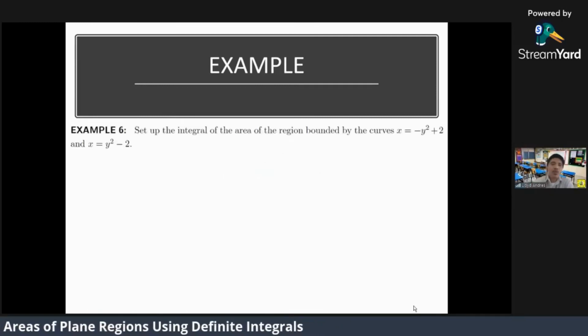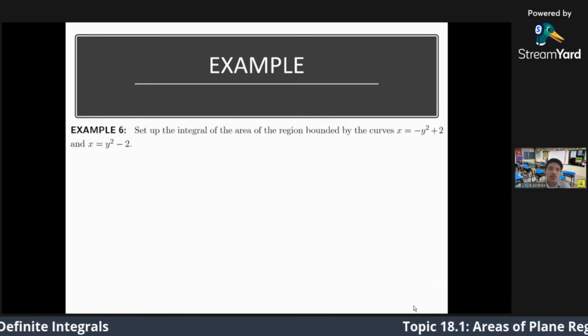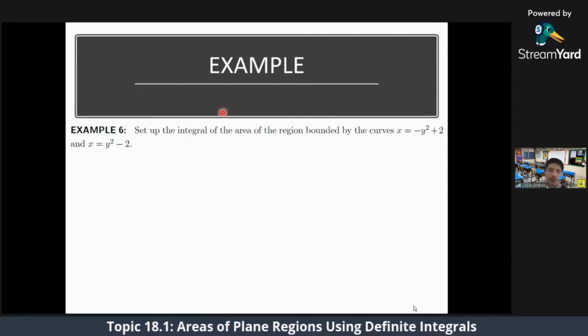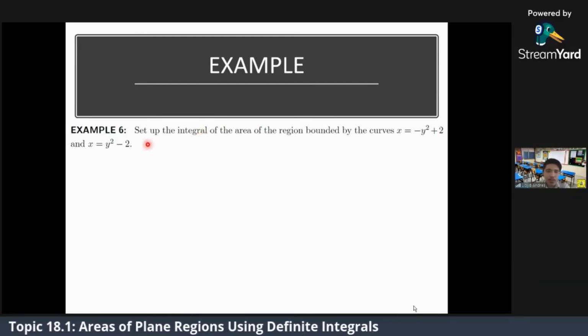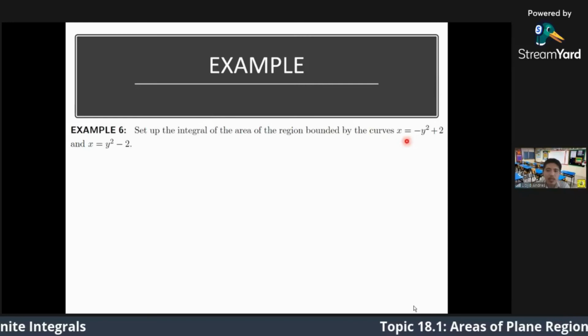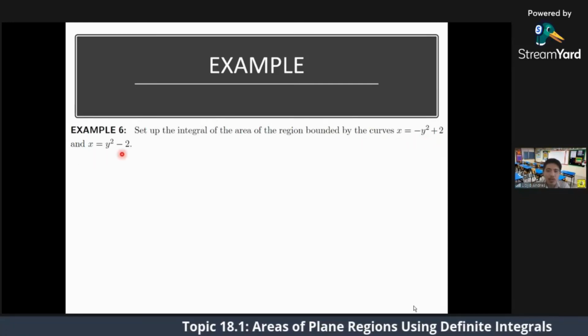So, I think this is the last example, using right curve minus left curve. Example: set up an integral for the area of the region bounded by the curves x equals negative y squared plus 2 and x equals y squared minus 2.